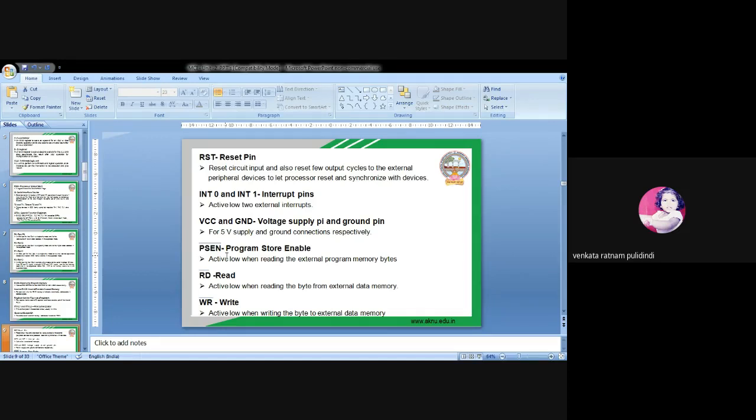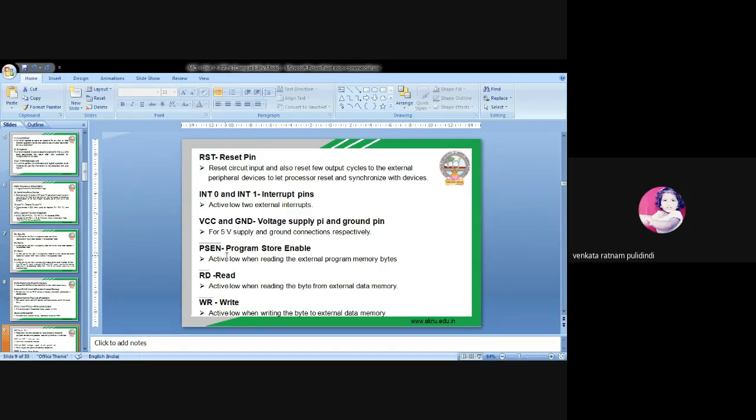For example, EA bar is active low. If the signal at that pin is low, that means the controller is accessing the external memory, that is, the external memory is connected to the controller. When it is connected, again we use PSEN, program store enable, for reading the external memory bytes.